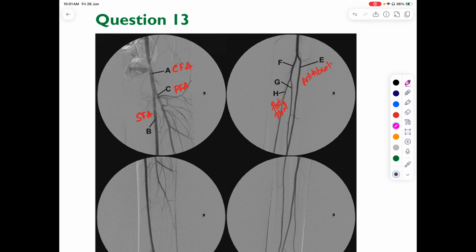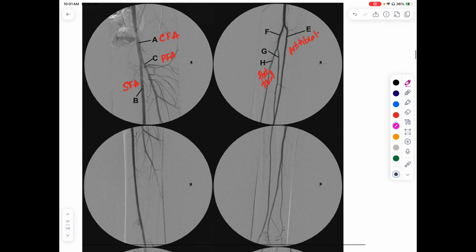Now what are these pictures? So here you see the thigh, this one is the artery, a digital subtraction angiography, and you get a posterior branch, and this is a continuation. The posterior branch is the profunda femoris artery, and the continuation is the superficial femoral artery.